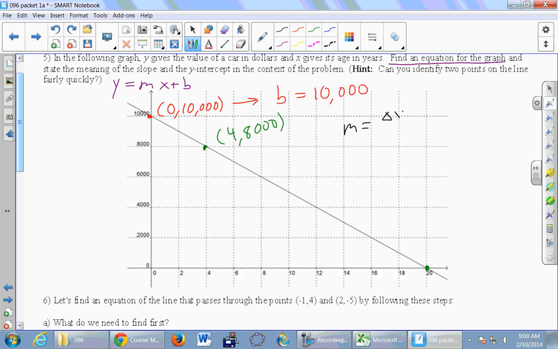And so remember the slope, change in y over change in x. So we're going to subtract the y's, over, and then subtract the x's. And then we'll clean it up.